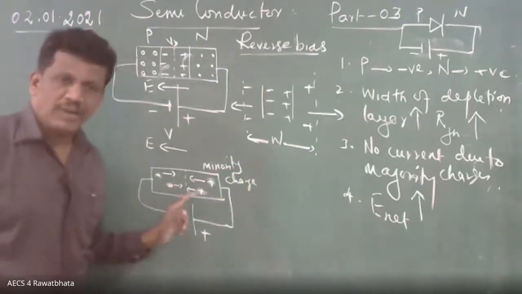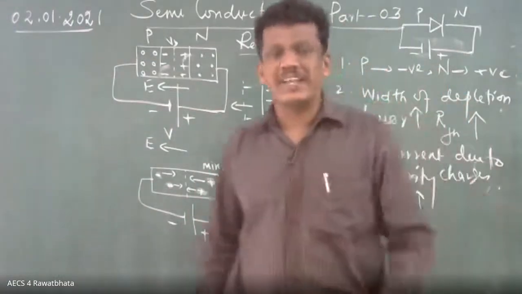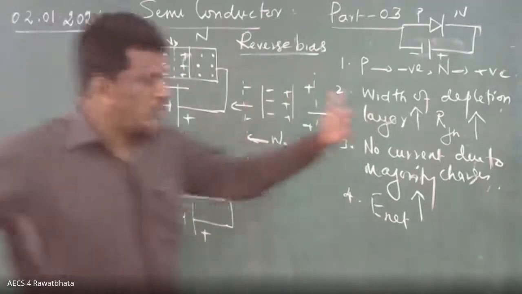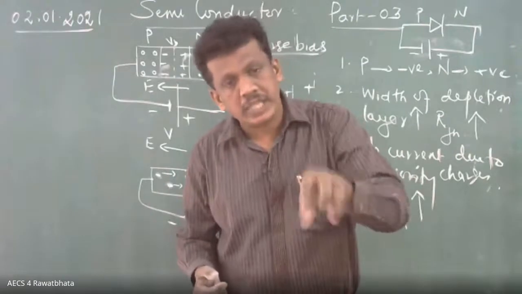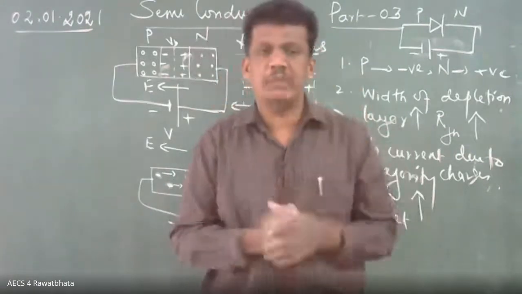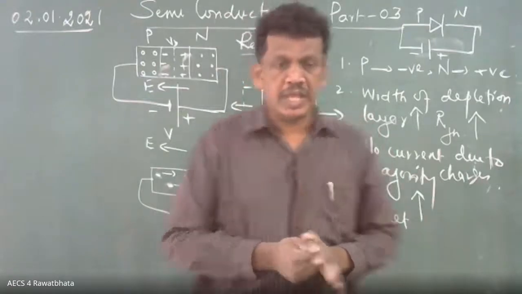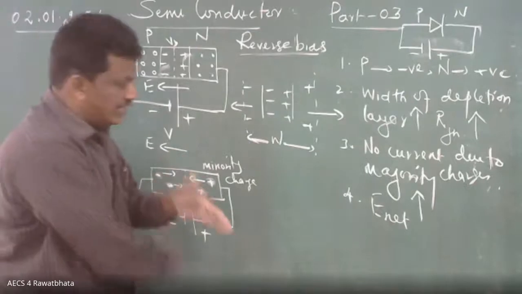You are able to follow? Now the minority charge carriers are repelled. So minus, plus, plus. The minority charge carriers move because of the breaking of covalent bonds due to temperature. So now they are repelled and diffuse across the junction.